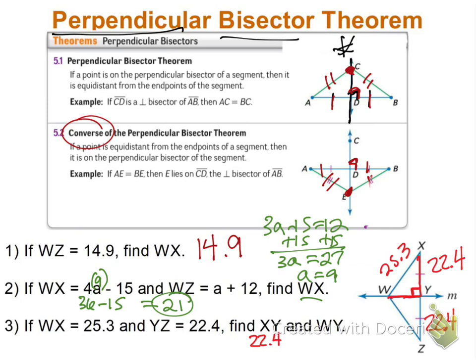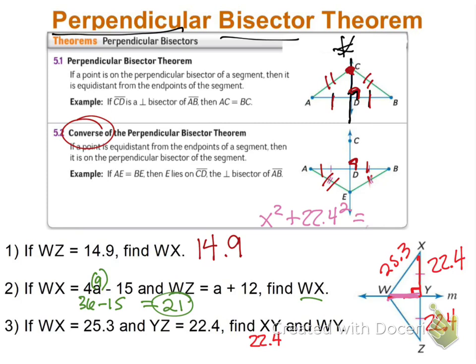And so how do you find the third side of a right triangle? You do the Pythagorean theorem. Let's see if I can find some space for this. 25.3 is my hypotenuse here, so I'm going to do x squared plus 22.4 squared equals 25.3 squared.